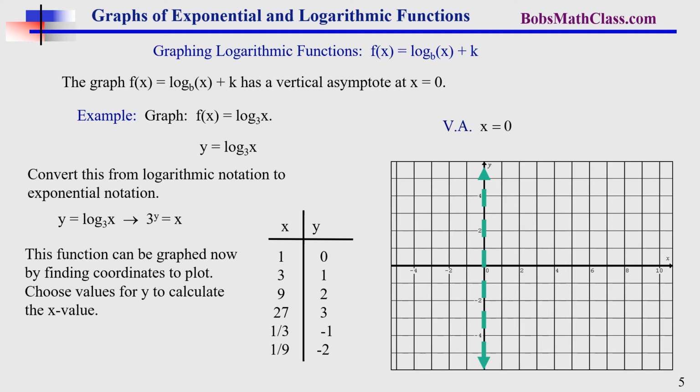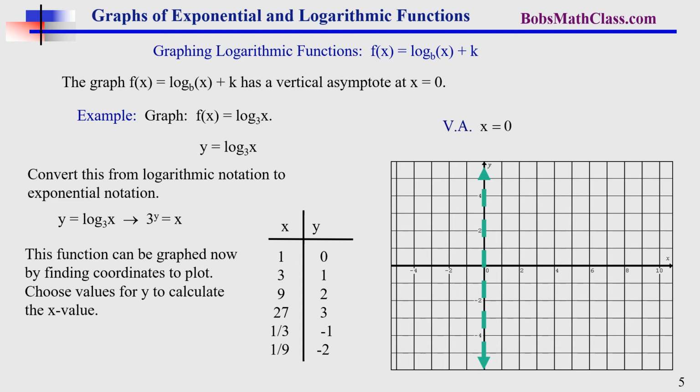Now, when you use your calculator, you could still do f of x equals 3 to the power x. Just know that your answers are going to be reversed. If you don't change it to exponential form and you try, maybe you have the Casio and you want to put in the base of 3, the problem is you don't know what numbers to pick.